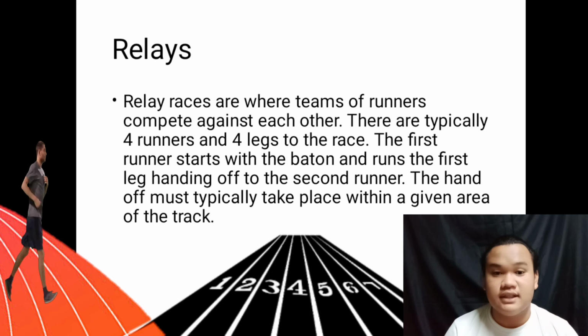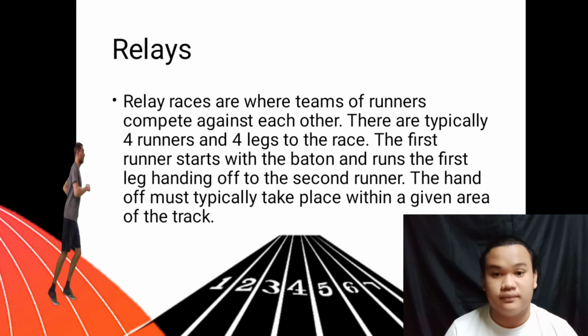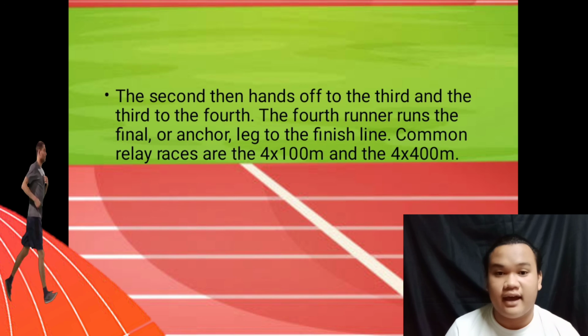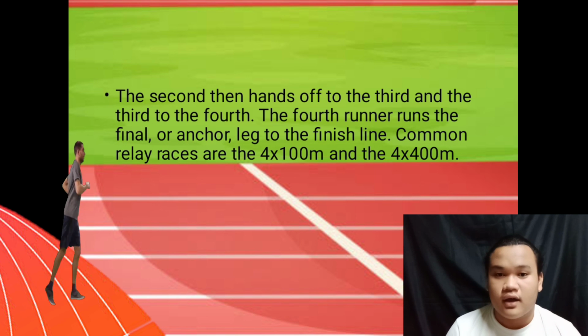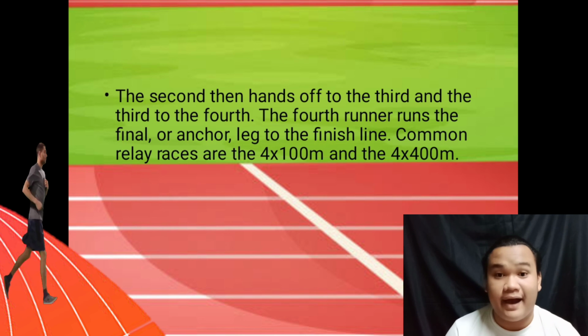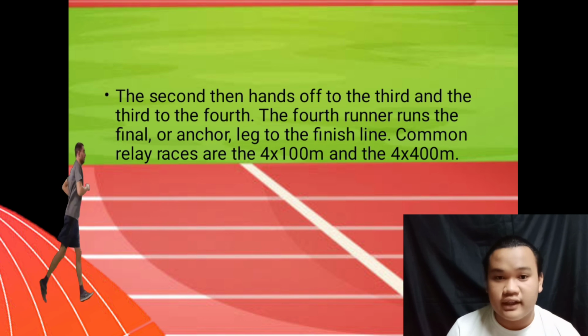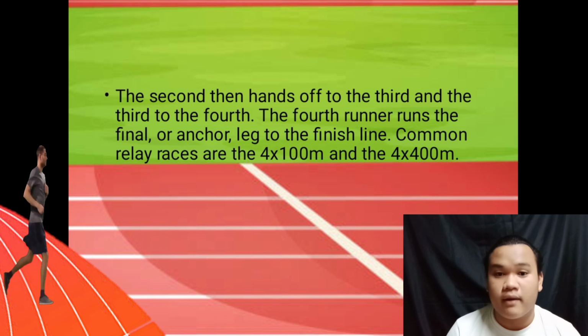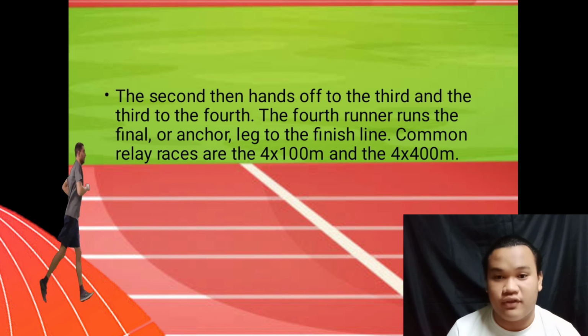The handoff must typically take place within a given area of the track. The second then hands off to the third and the third to the fourth. The fourth runner runs the final or anchor leg to the finish line. Common relay races are the 4 by 100 meters and the 4 by 400 meters.